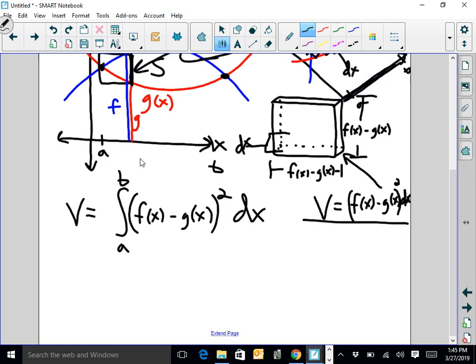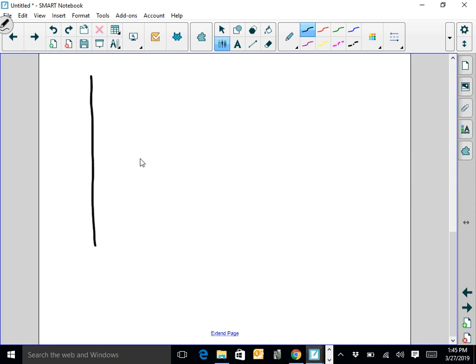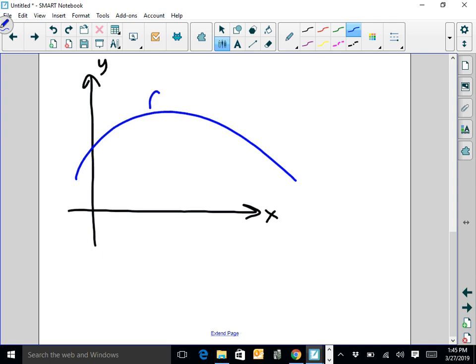Okay? Now let's think about this for a different shape. Okay, what if I had a similar scenario? Here's my f. Here's my g.